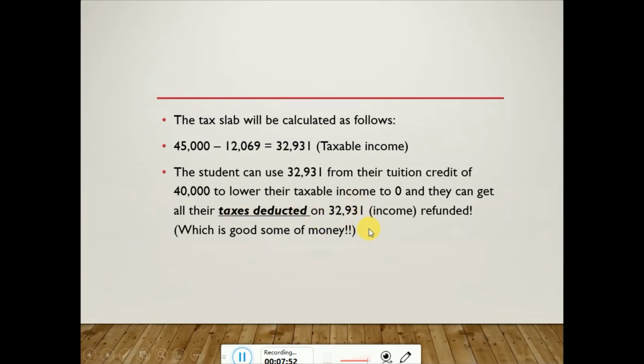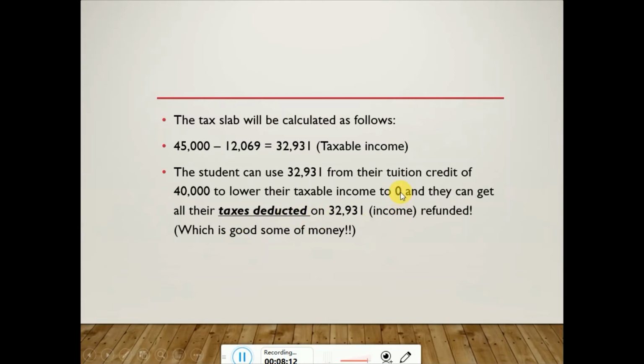So generally when a student graduates and has 40,000 tax credits, and files the income tax for the first time using their tuition credit, they get a good refund on whatever tax was deducted. They get all their taxes back because your taxable income becomes 0.